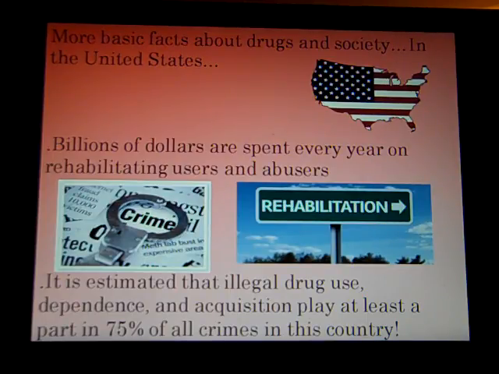So, some more basic facts about drugs and society in the U.S. Billions of dollars are also spent every year on rehabilitating users and abusers. It's estimated that illegal drug use, dependence, and acquisition play at least a part in 75% of all crimes committed in this country, and that is an astounding statistic. I'm also emailing you a link to a document. It's lengthy, like 70 pages long.